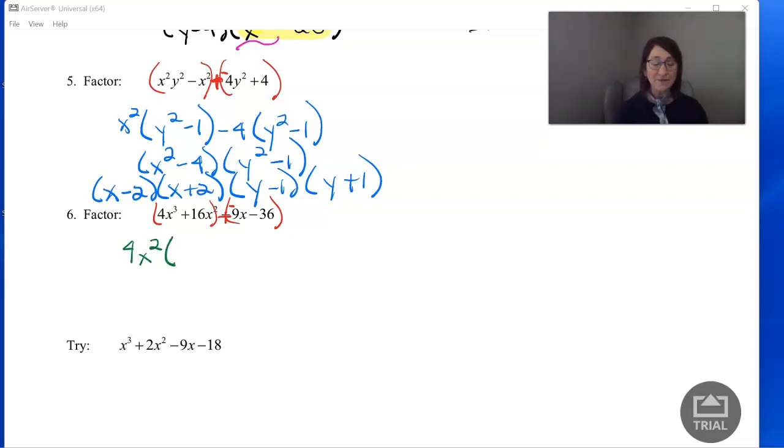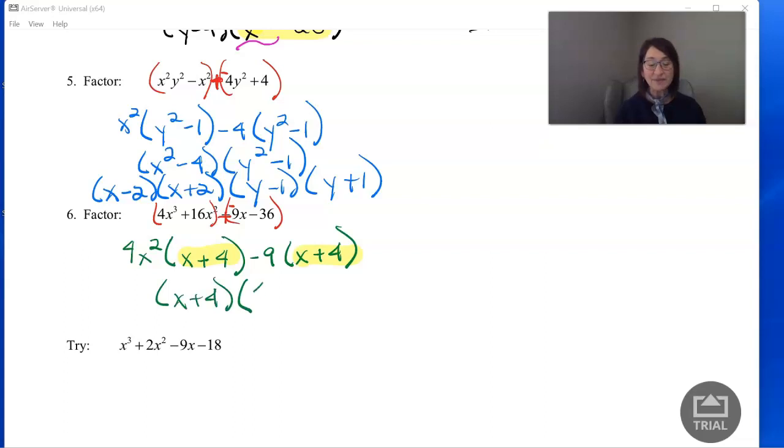And then I'm left with x plus 4. Out of the second one, I can take out a negative 9, and I am also left with x plus 4. So I have my matching binomials that I'm going to pull out. X plus 4 times 4x squared minus 9.